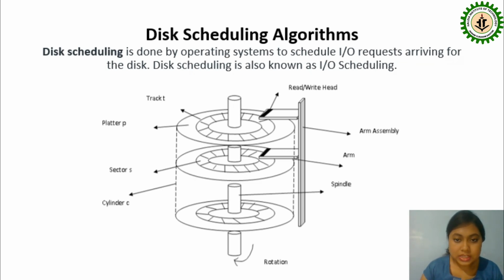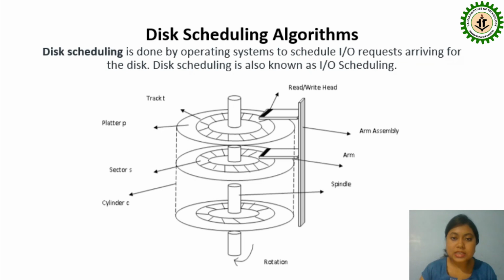This is the spindle and this is the arm assembly or actuator arm. The rotation is from the right to left. Basically, in every platter there are two surfaces, lower surface and upper surface, and in every platter there are read and write heads.